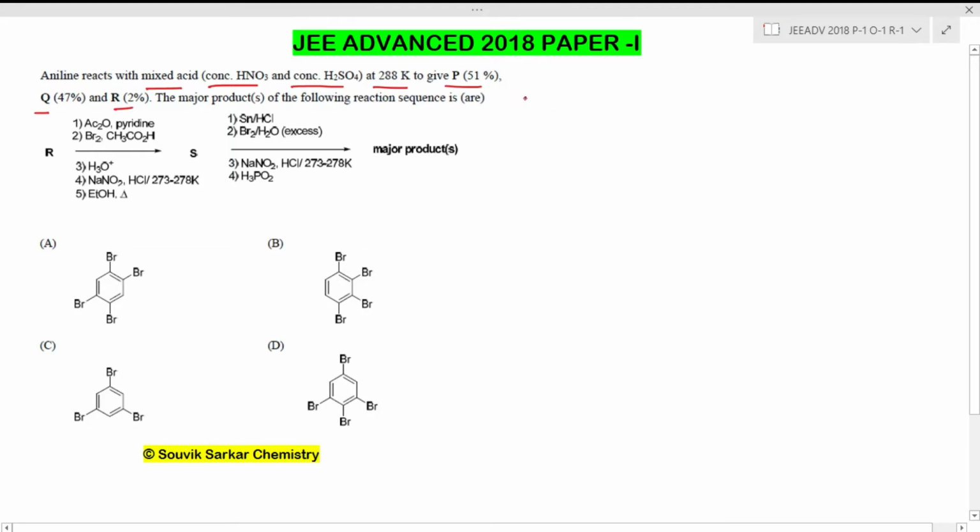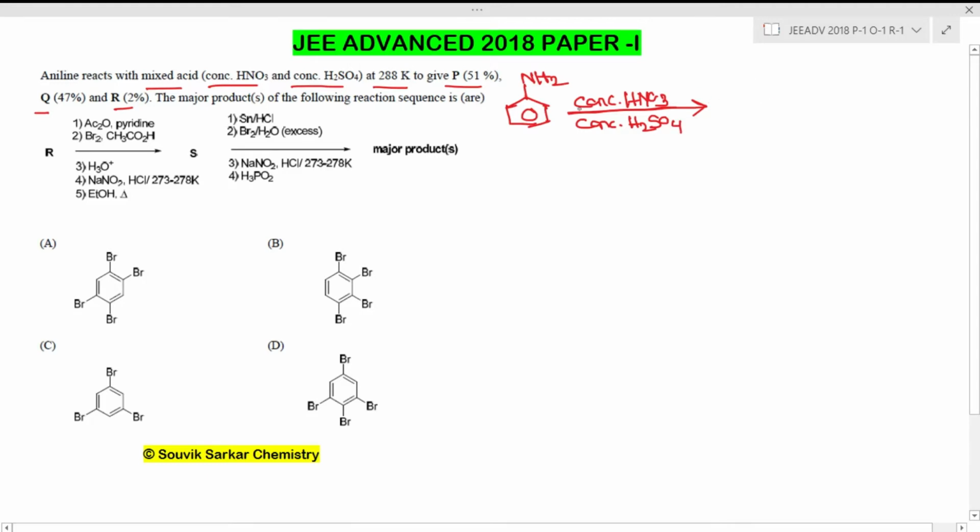So here we have aniline, and we are reacting this aniline with concentrated HNO3 and concentrated H2SO4.